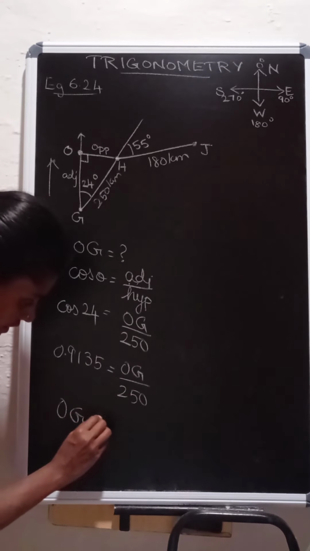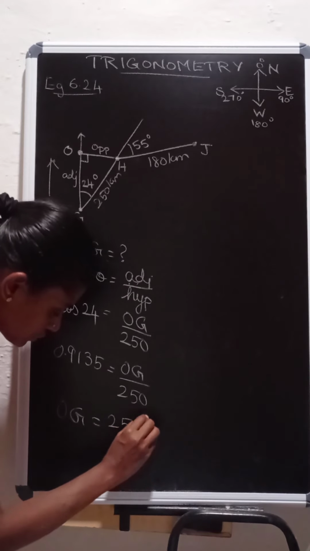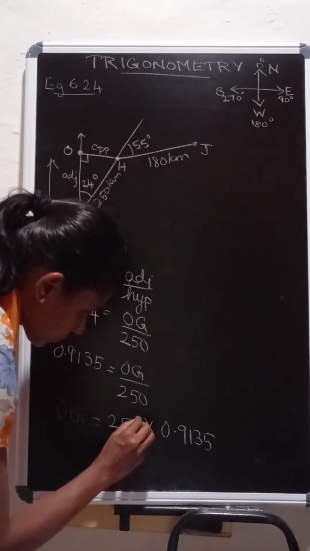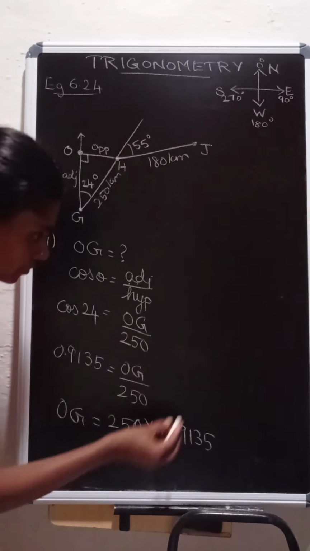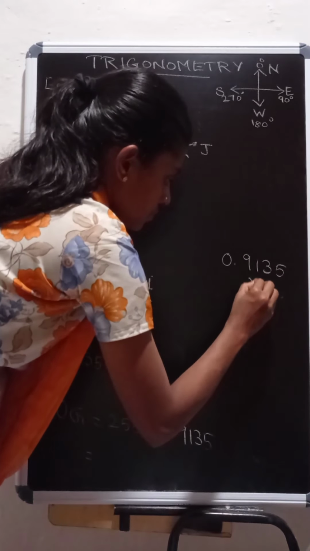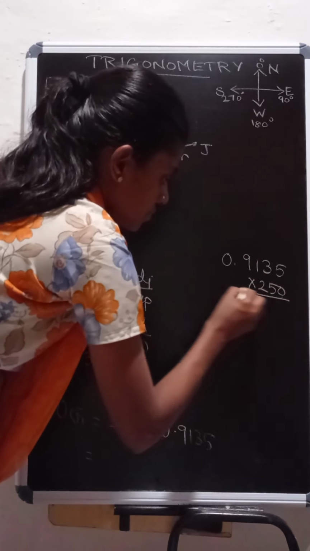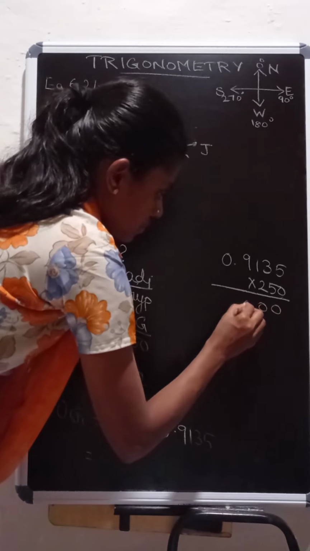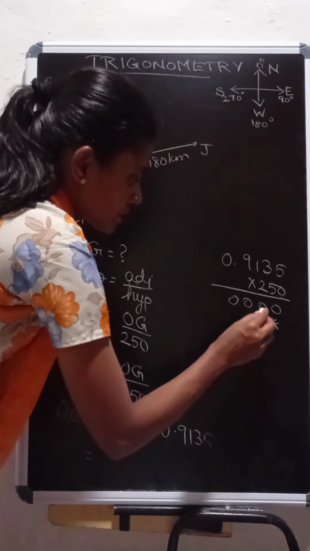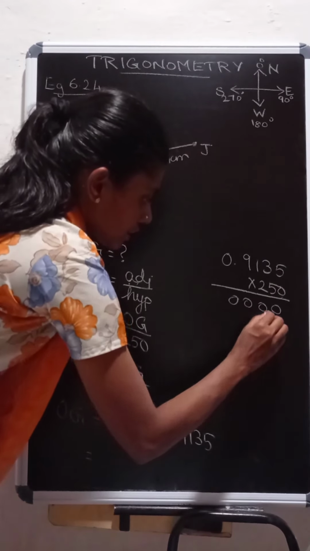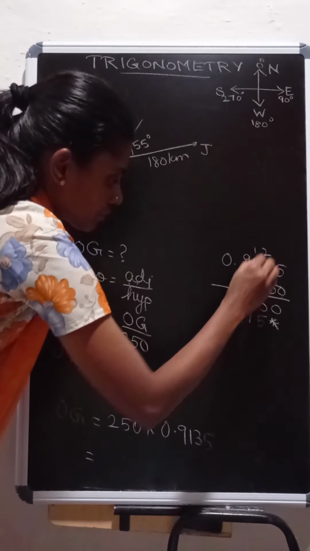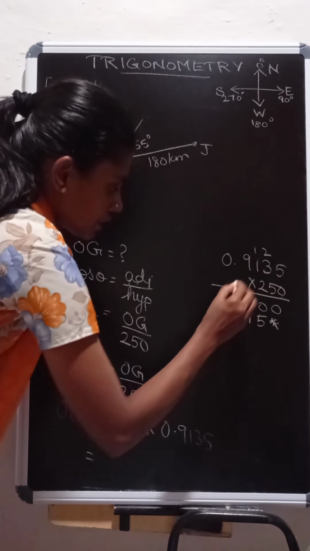So OG is equal to 250 into 0.9135. Now multiply. For the tens place, I am putting a star. 5 5s are 25, 5 3s are 15, 16, 17, 5 1s are 5, 6, 5 9s are 45.